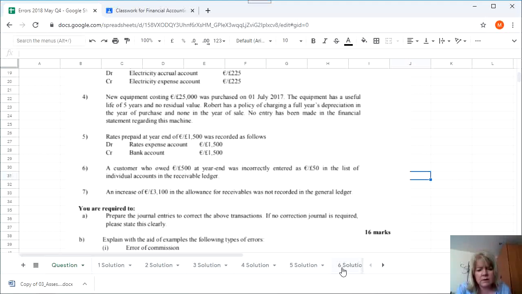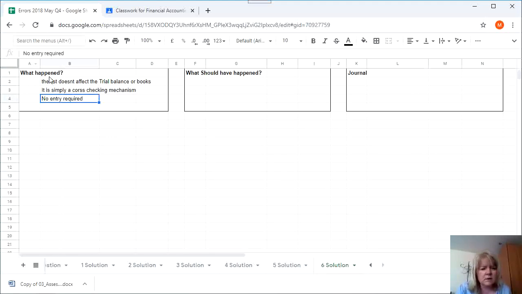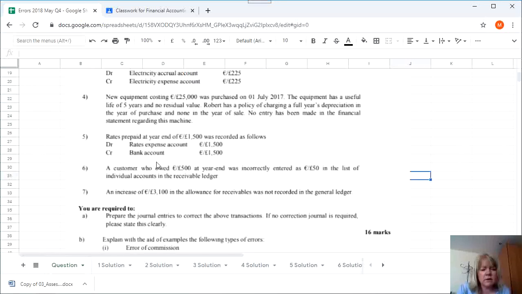Now, what it actually means here is that the list doesn't affect the trial balance or the books as such. The list is simply a cross-checking mechanism, and therefore there's no entry required to correct this. The account is actually correct with the 500, and that's what's posted, so there's no entry required for part 6.